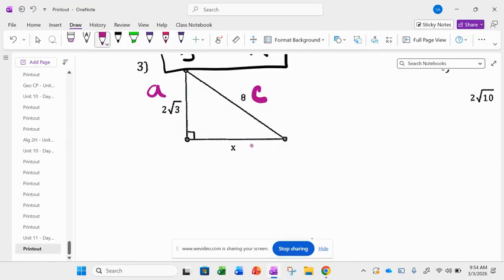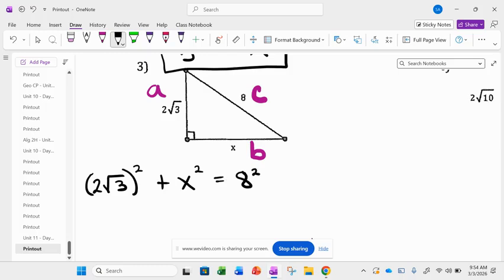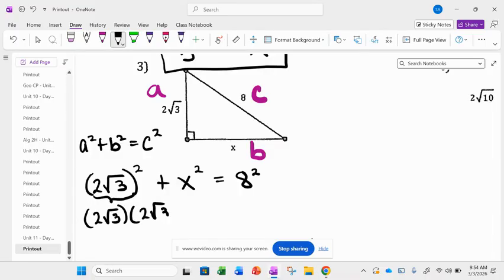And then I'll say A and B. So now I'm going to have 2 root 3 squared plus x squared equals 8 squared, because I'm using A squared plus B squared equals C squared. So now this one's a little bit more annoying because I have to square a radical. So we're going to have to write that out. 2 root 3 times 2 root 3.